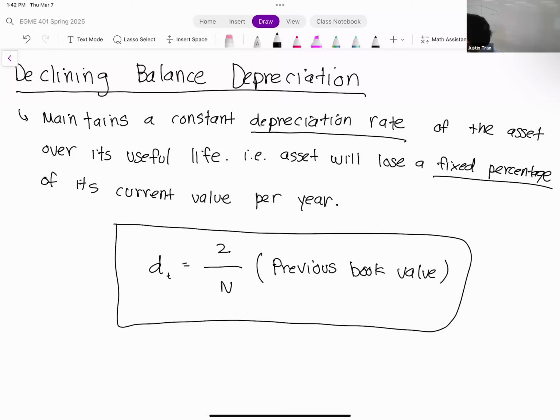All right, so this one's a little bit more complicated than our straight line depreciation, because we're not decreasing by a fixed amount. With this method, we need to keep track of what the current book value is.